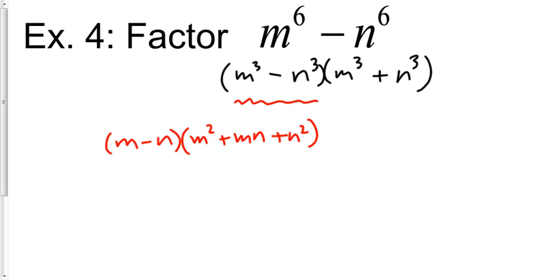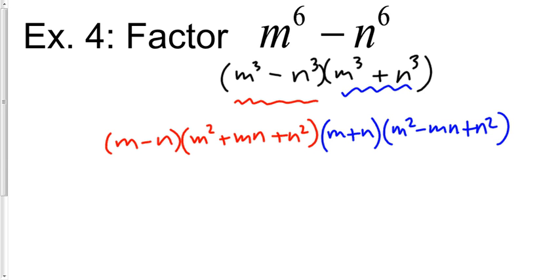And then my second factor, m to the 3rd plus n to the 3rd, this one right here, also can be factored again because it's the sum of 2 cubes. Follow your formula again for factoring this. We get m plus n times m squared minus mn plus n squared. So following those formulas, we can figure out the factors for the sum and the difference of 2 cubes.